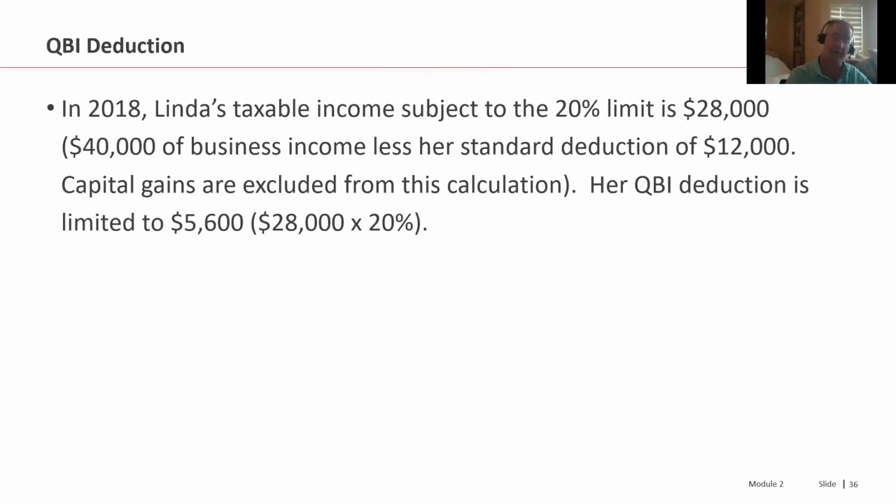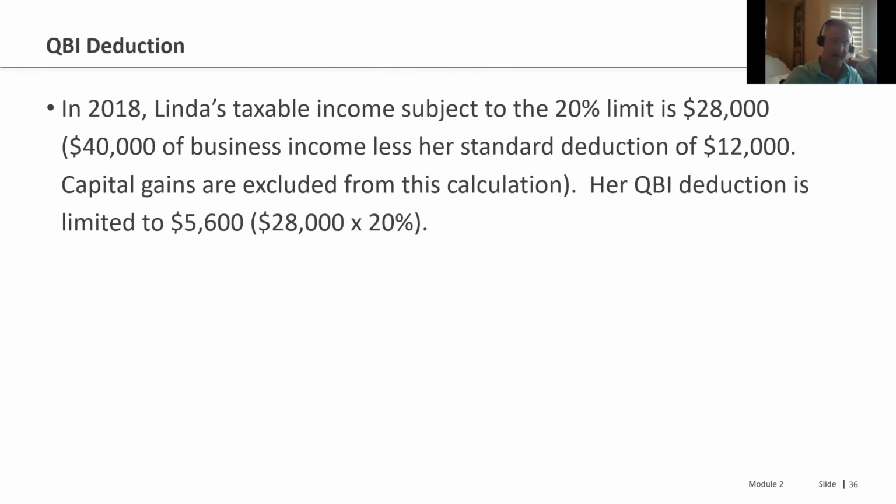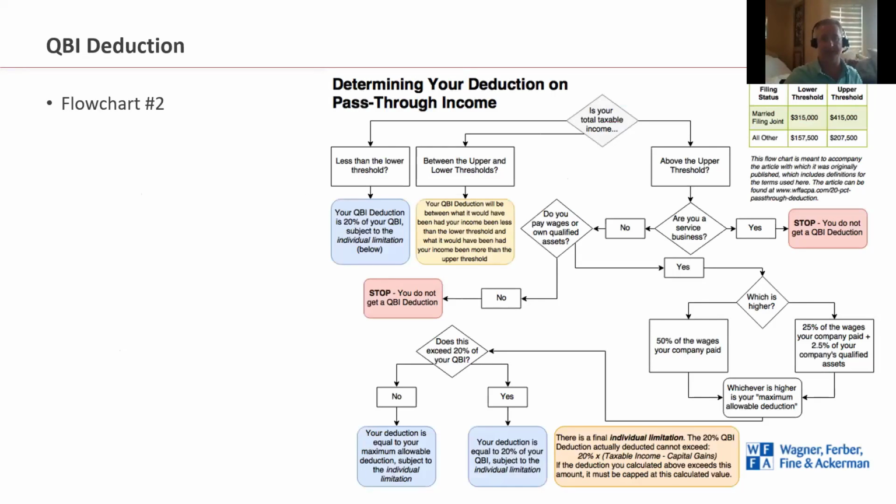Her taxable income would include the capital gains, but for purposes of the QBI limit, those are excluded. As a result, her QBI deduction is limited to $28,000 times 20%, or $5,600. So even though she calculated the QBI deduction as $12,000 on her accounting business, she's only eligible for a deduction of $5,600.